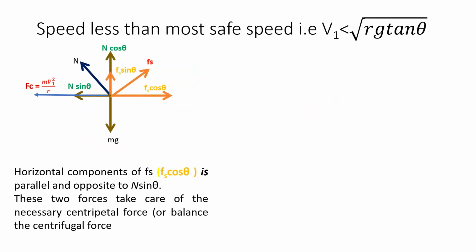From the vector diagram, Fs cos theta is parallel and opposite to the centripetal force vector and N sin theta vector, which take care of the necessary centripetal force.